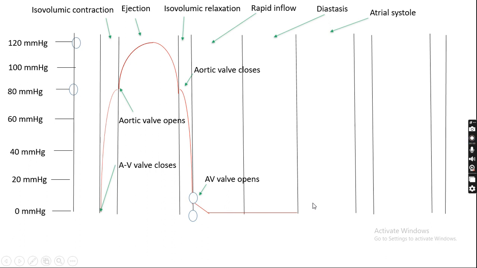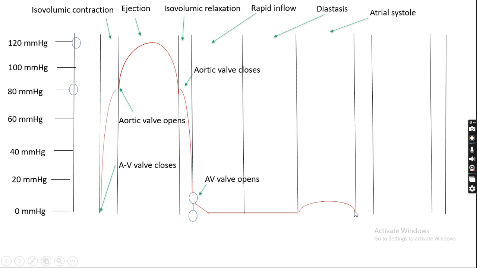And in the last phase, that means in the atrial systole, blood pushes from the atria through the open atrioventricular valve into the ventricle, and this causes the pressure in the ventricle to rise. So this is the pressure change in the left ventricle during the cardiac cycle.